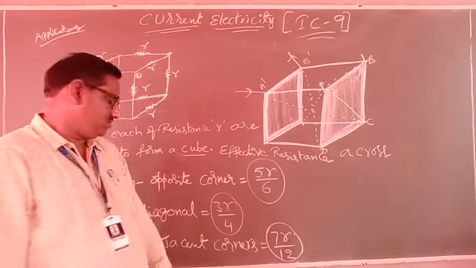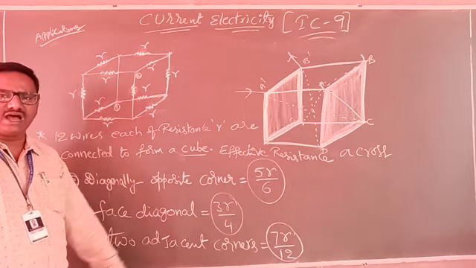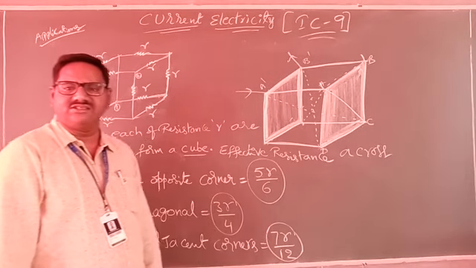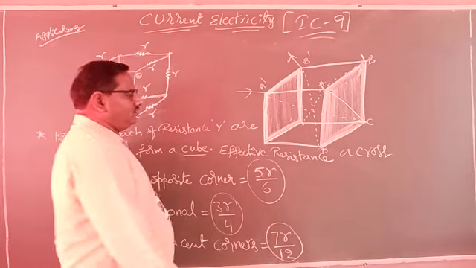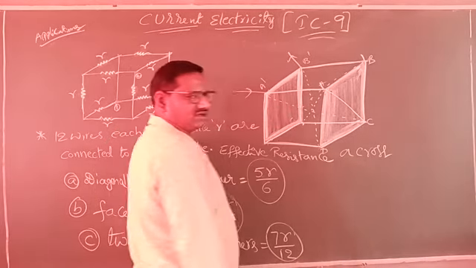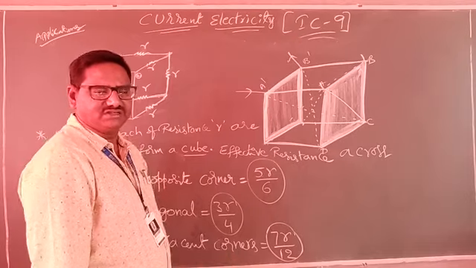Do you understand? So for adjacent corners, how much is it? The effective resistance is 7R by 12. To derive all these shortcuts, in mains level they will ask, in advanced level they will ask some derivations.